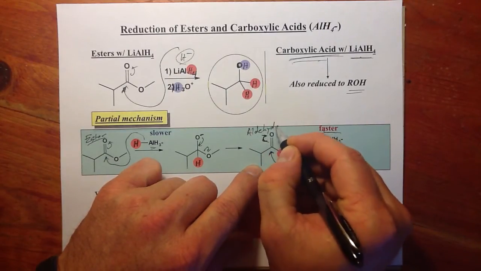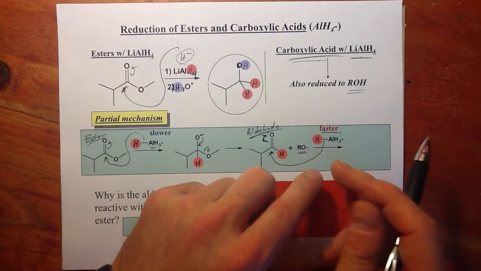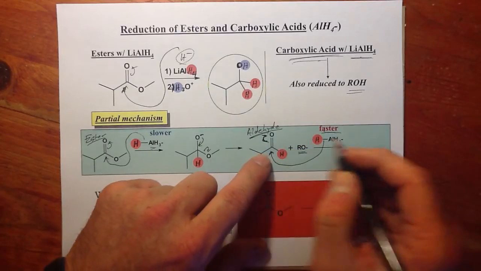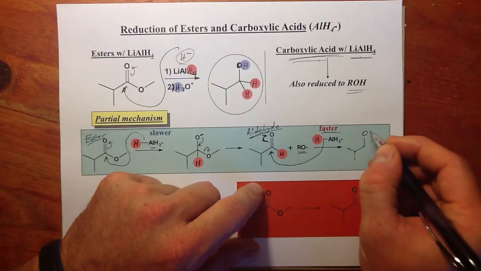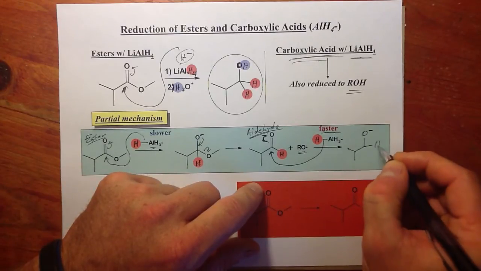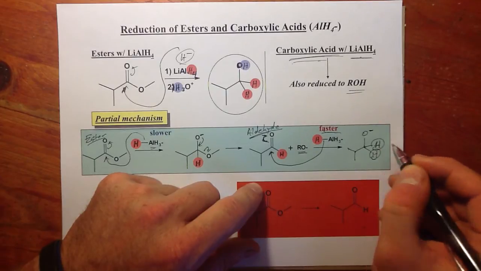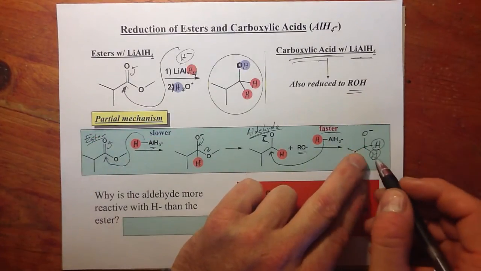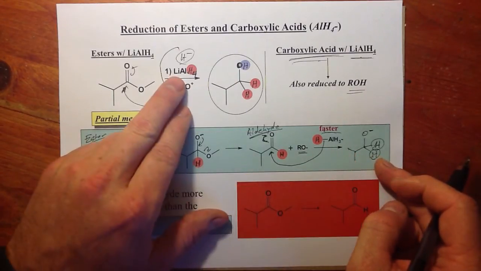So the aldehyde, which is what we have here, can react with another equivalent of aluminum hydride in solution to make not our final alcohol, but our alkoxide. So we now have our final alkoxide form that we can't do anything more with in the aluminum hydride solution.